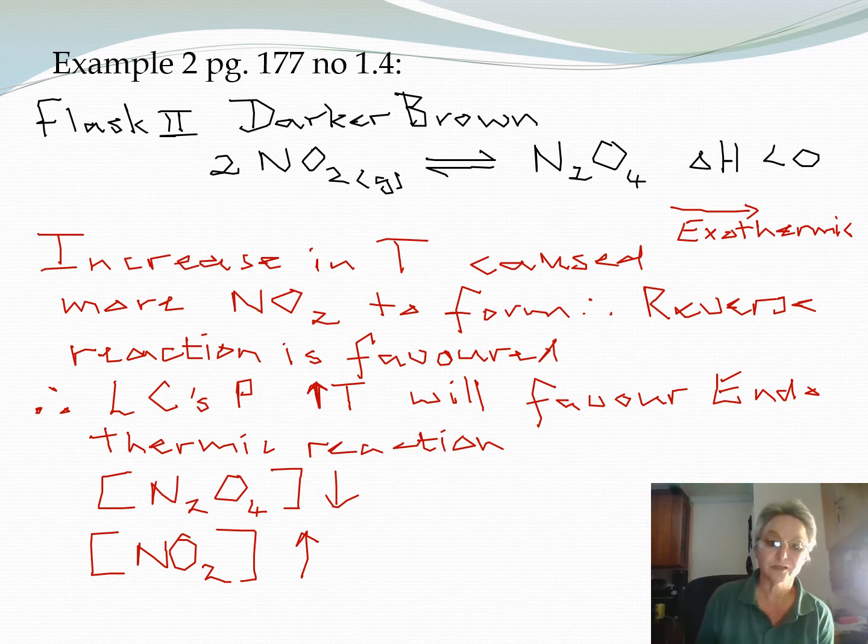So a decrease in temperature caused more dinitrogen tetraoxide to form. Therefore, the forward reaction is favored. Le Chatelier's principle says a decrease in temperature will favor the exothermic reaction. So your concentration of dinitrogen tetraoxide increases and your concentration of nitrogen dioxide decreases.